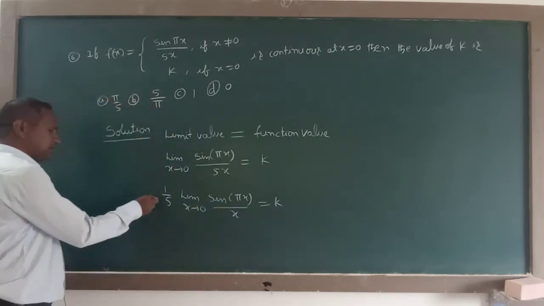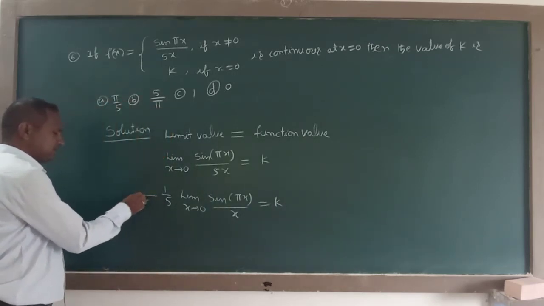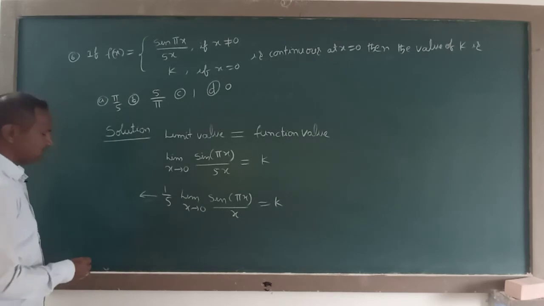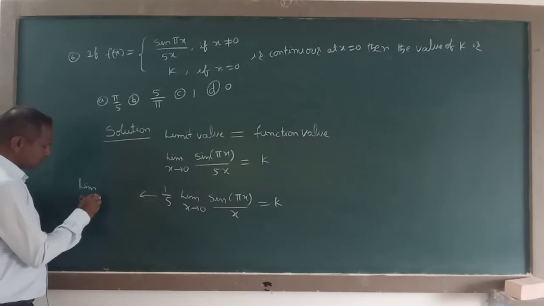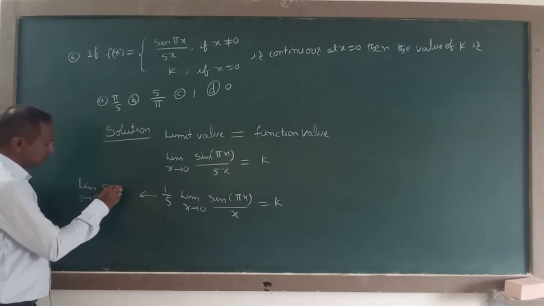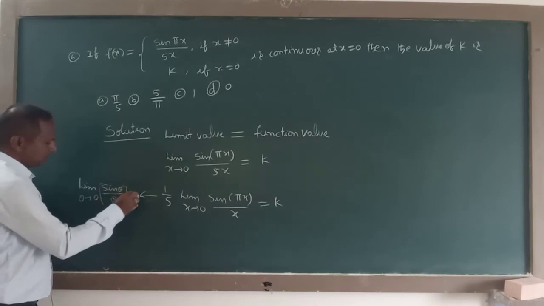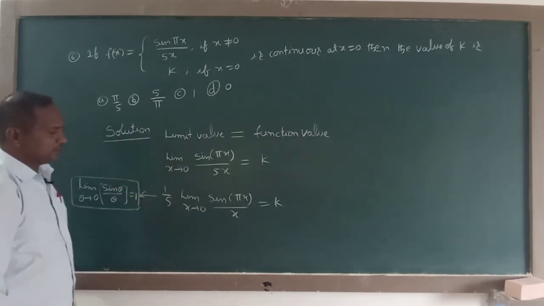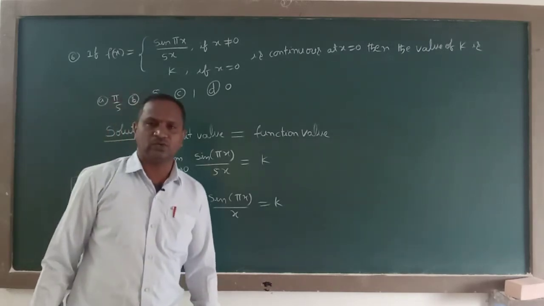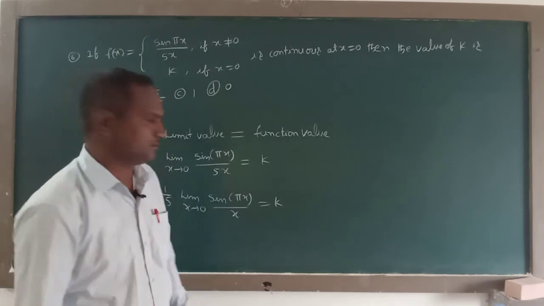Try to convert the left hand side into the standard limit formula. The standard limit formula we already have: limit theta tends to 0, sine theta by theta is equal to 1. Try to convert the left hand side part into this form. Otherwise, you can apply L'Hospital rule also, you will get the same answer here.